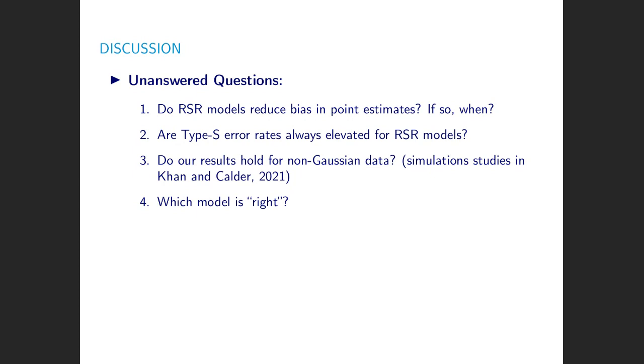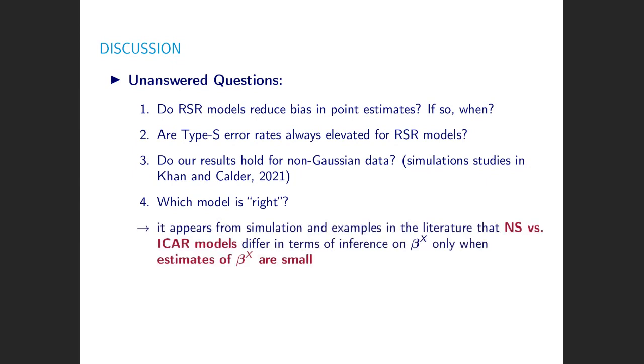They do relative to the non-spatial model. Do results hold for non-Gaussian data? In our paper, we include a bunch of simulations that indicate that they do, but we don't have formal results. And then finally, what is the right model here? So much of this is just model comparison, and we don't necessarily have implications for what actually should be done.